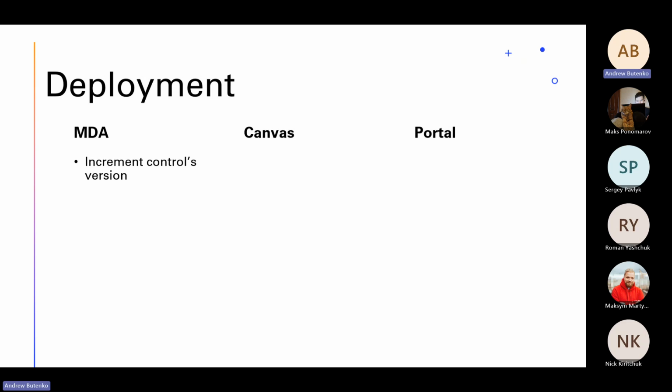Otherwise, even if you use PCF push and your change will be reflected inside your development environment, after promoting the change to your upstream environment, those changes won't be reflected. And this is because of the control's version that can be located in the manifest file of the particular PCF control. Really crucial step. Never forget this.